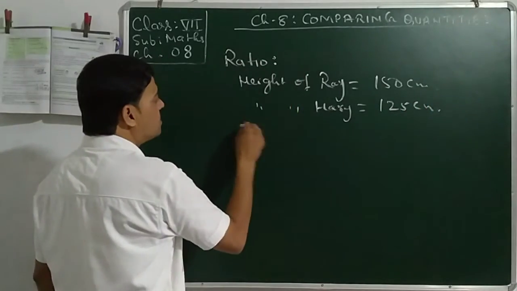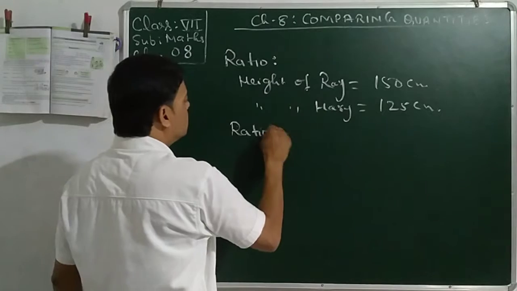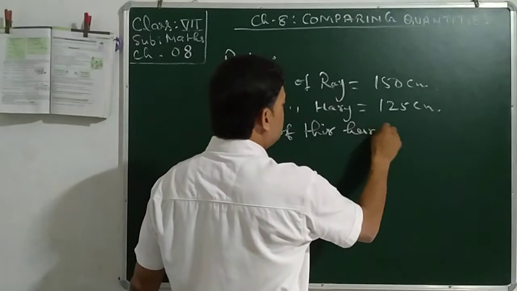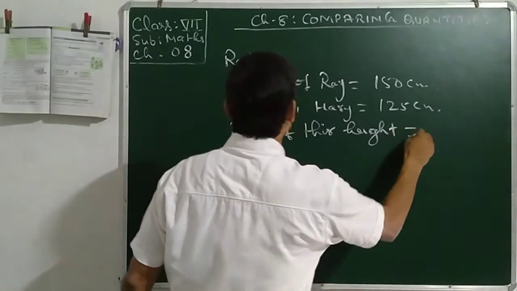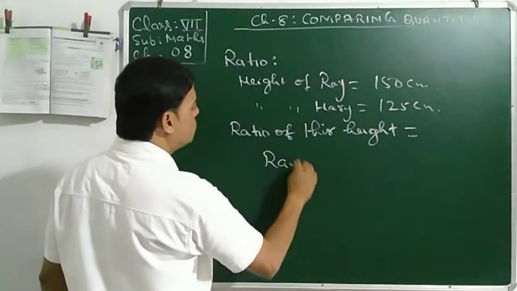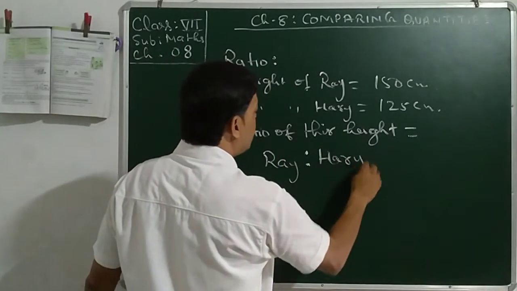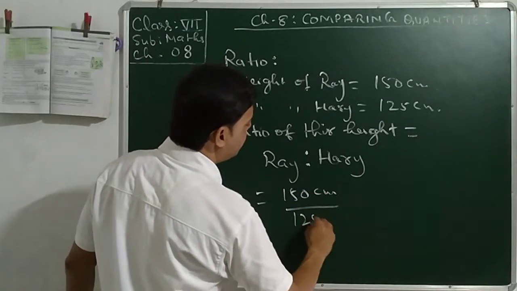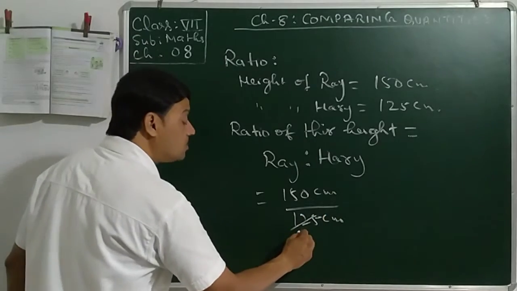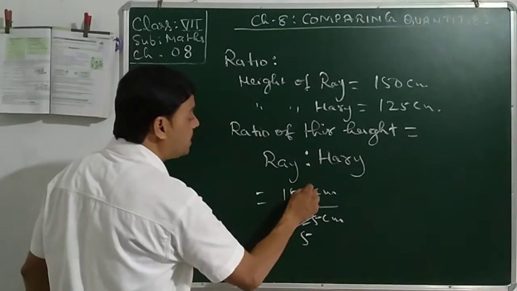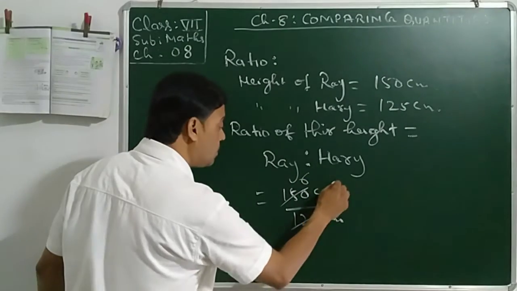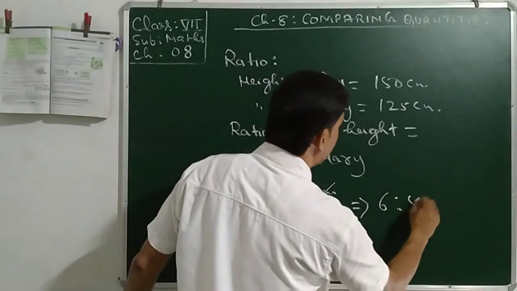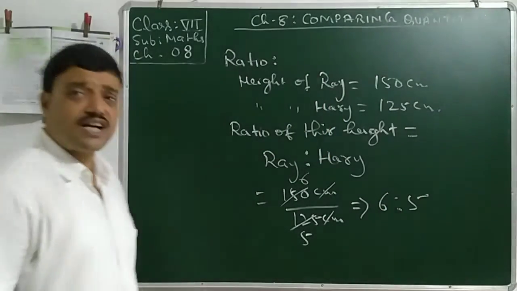Then the ratio of their heights, if you write Raj is to Harry, will be 150 cm by 125 cm. 25 5s are 125 and 25 6s are 150. So you will get it to be 6 is to 5. In this way you can find the different ratios.